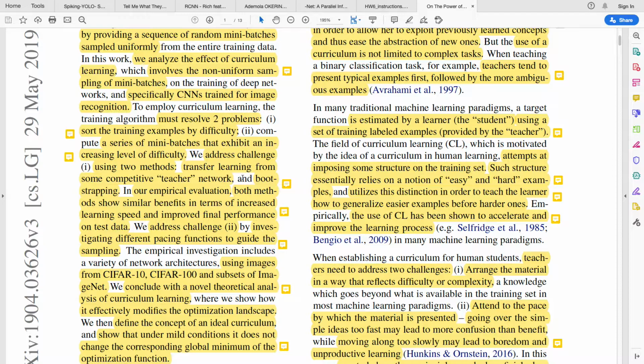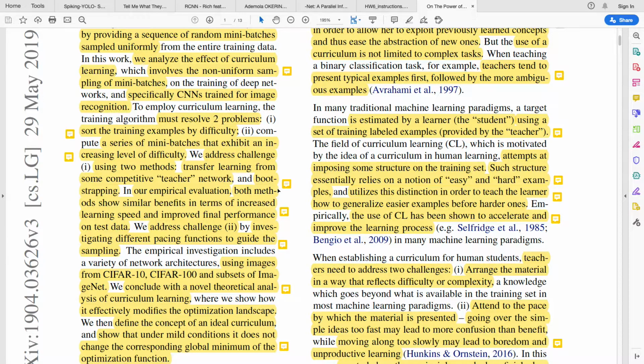For instance, when you run the network on an image of a cat, maybe it says I'm 75% confident it's a cat, or they run it on the image of a person and it says I'm 99% confident that it is a person. So that means to that network, the image of a person is easier compared to the image of a cat. You get the intuition.